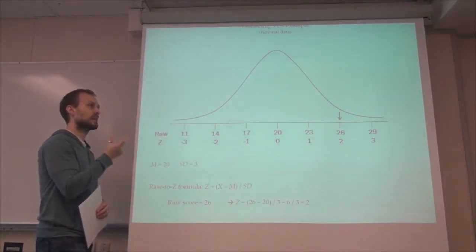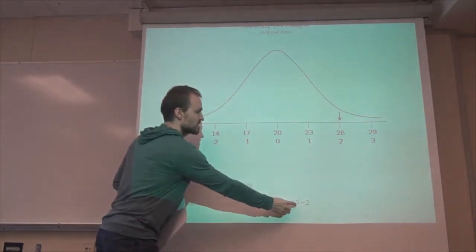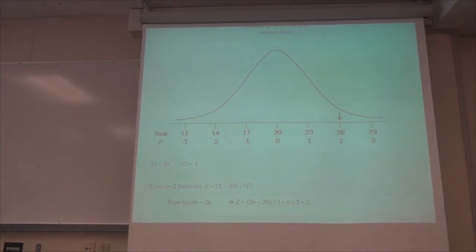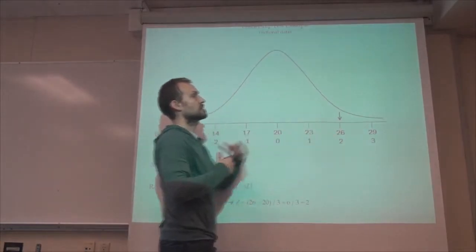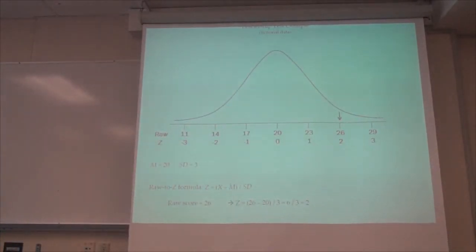But how much is that in standard deviation units? Divide by the standard deviation of 3, and it tells me it was 2 standard deviation steps away. So even though in terms of the raw score the difference was 6 in both cases, 20 to 26, and 90 to 84, they are very different positions in the distribution.